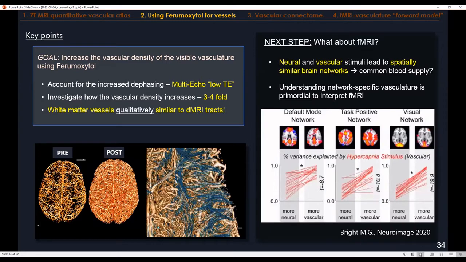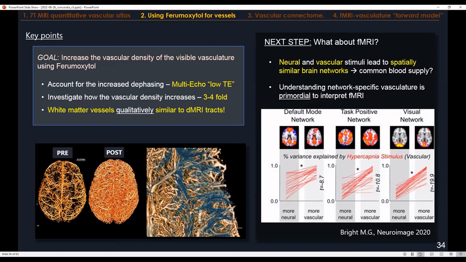So we saw some studies from, for example, Molly Bright, looking at the vascular component of the resting state network. For us, it was very inspiring. We wanted to do an approach that is similar, but based on the vascular connectivity of the distal regions of the resting state network.